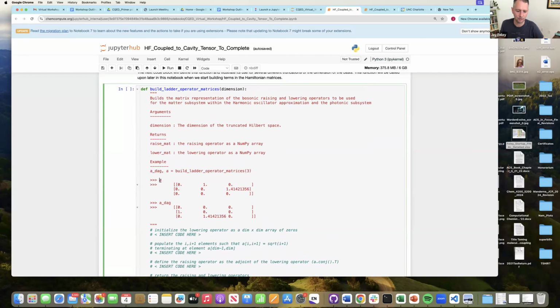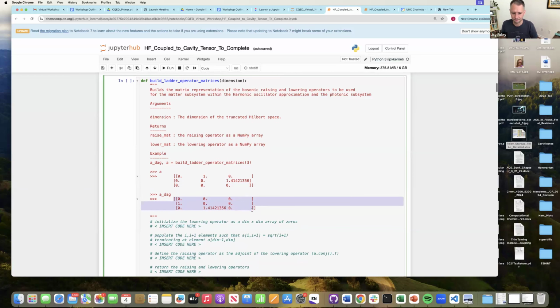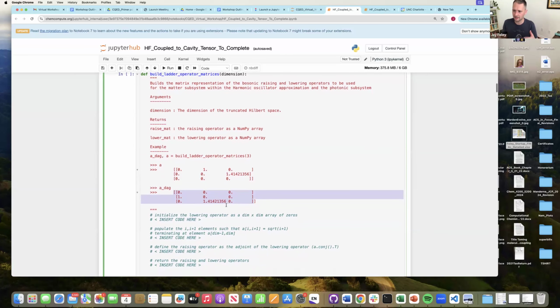If we then subsequently printed a, it would look like this. This is the matrix representation of the lowering operator with 3 basis states. And if we printed a dagger, it would look like this. This is the matrix representation of the raising operator in the basis of 3 states. Okay. So that's how this function should work.